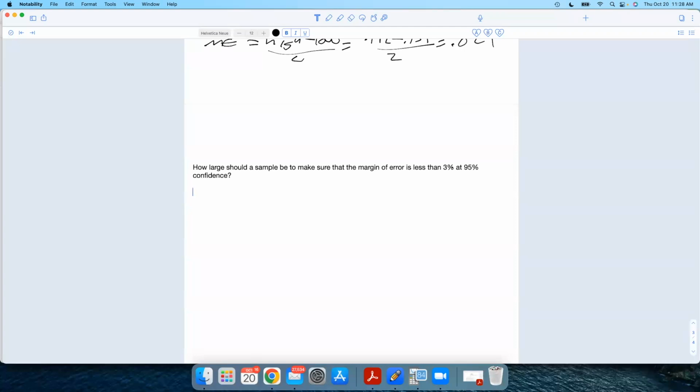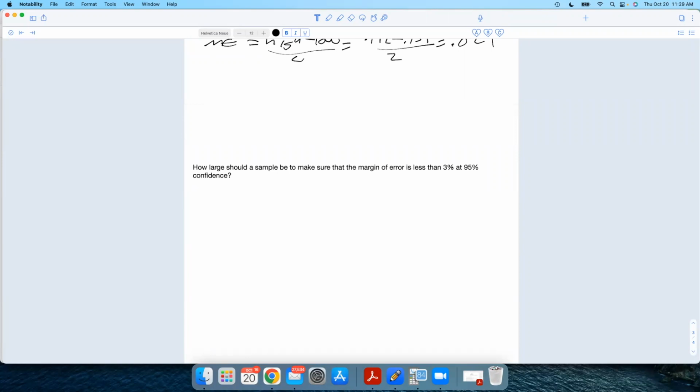And you may be getting phone calls from companies doing surveys to see who you're going to vote for. Those companies need to decide ahead of time how big their survey is going to be, because for some reason we really like that plus or minus 3%. You hear that a lot.